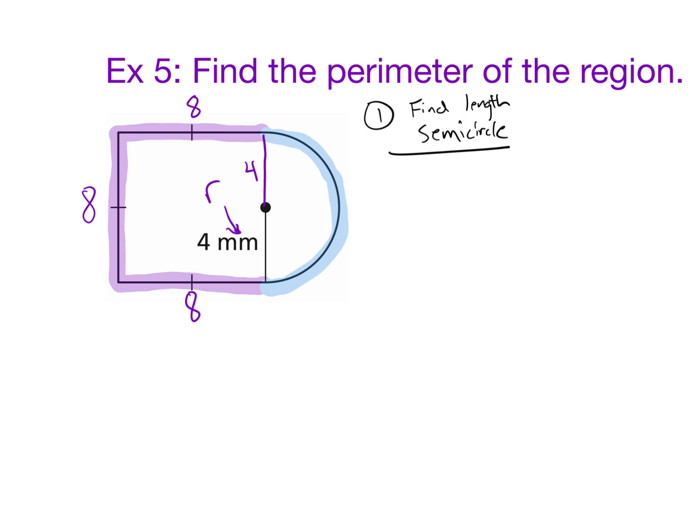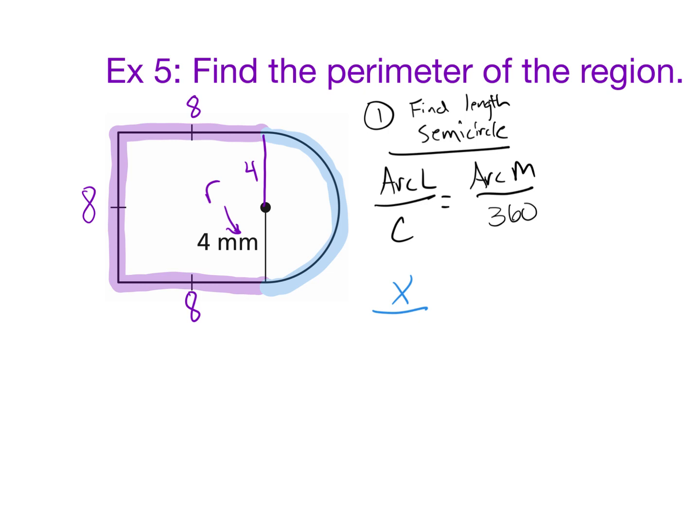So I'm going to do the arc length over the circumference is equal to the arc measure over 360. So my arc length, what am I going to plug in for it? 8? All right, yeah, just a variable, right? So we'll say x because we don't know it. That's what we're trying to find, that length of that semicircle.